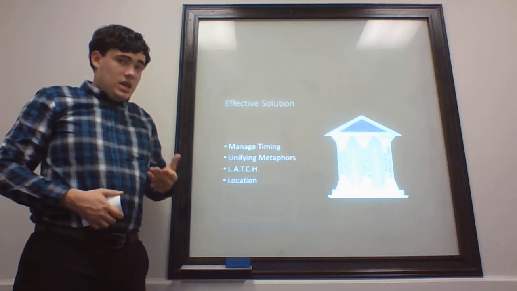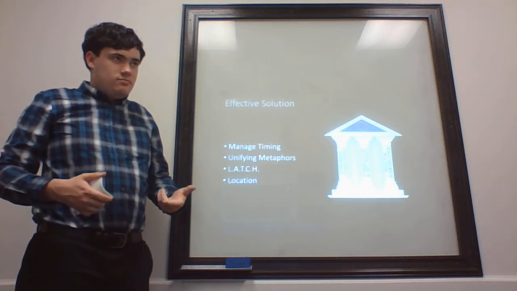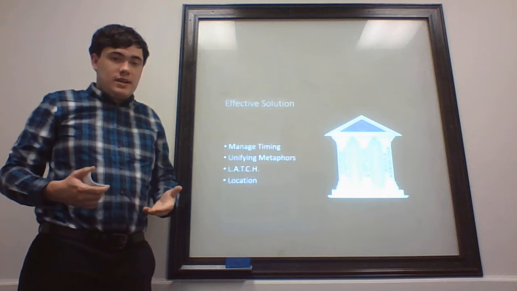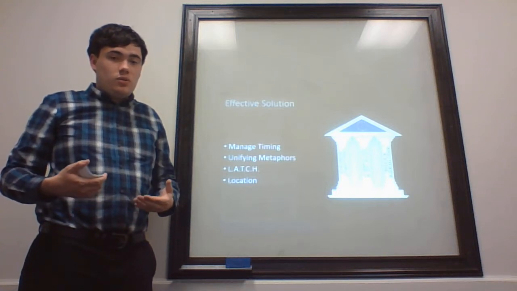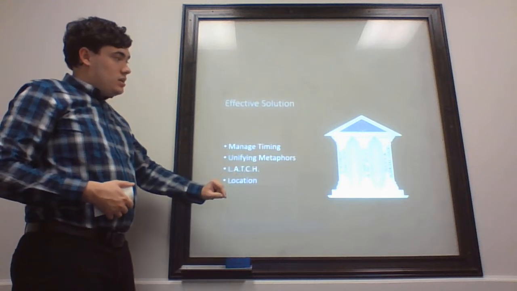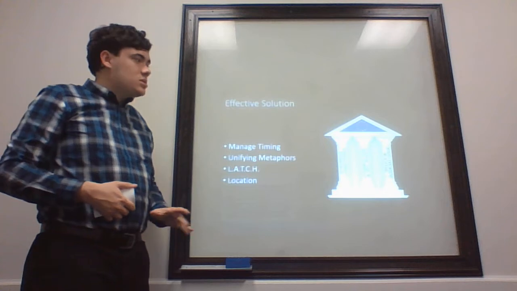So, location metaphors are metaphors that organize your information spatially, and they're usually good for lists of 5 or more items. That right there is an example of a location metaphor. It's only 3 items, but it still works.